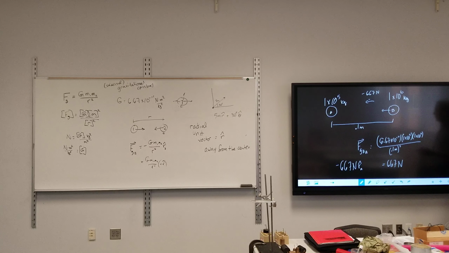Questions before I change it slightly? Just wait for a hot second, I'm still writing down what was on there. What's that arrow underneath the negative 667 N?